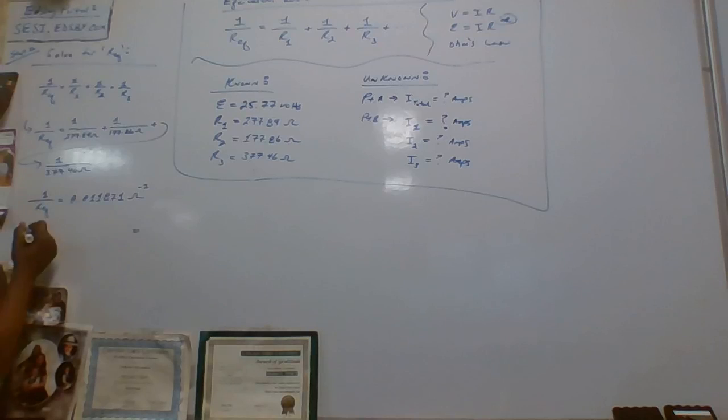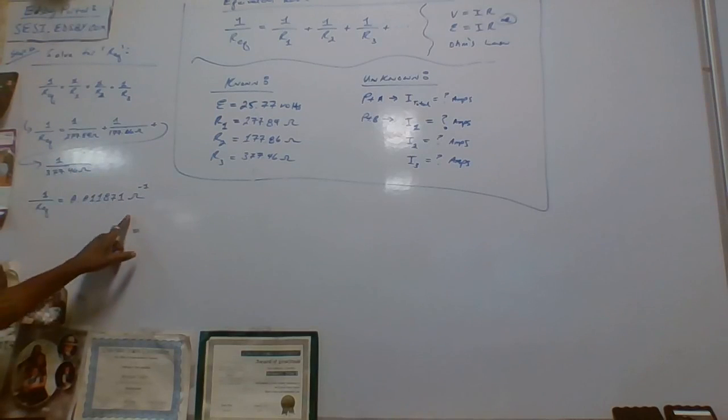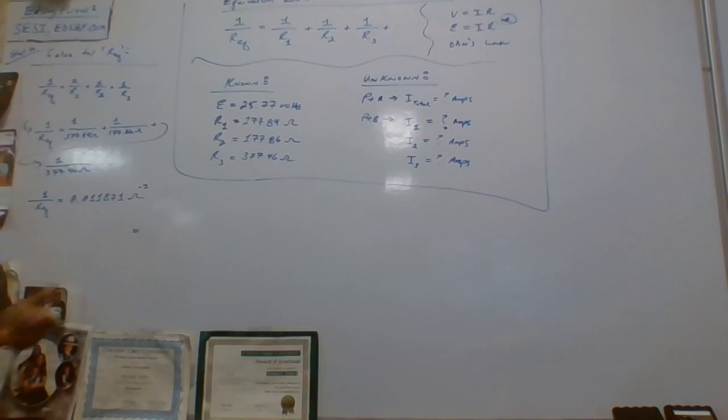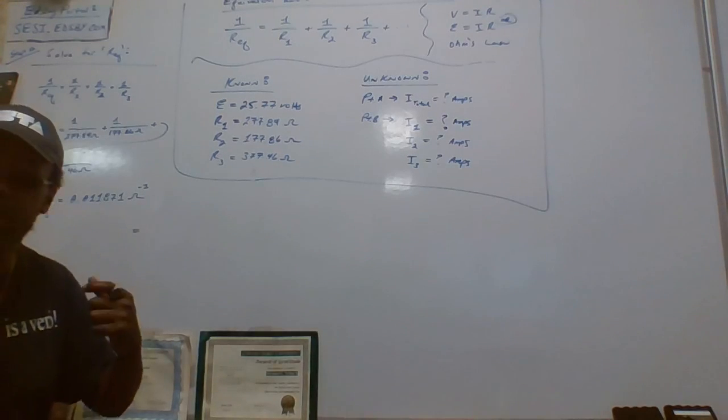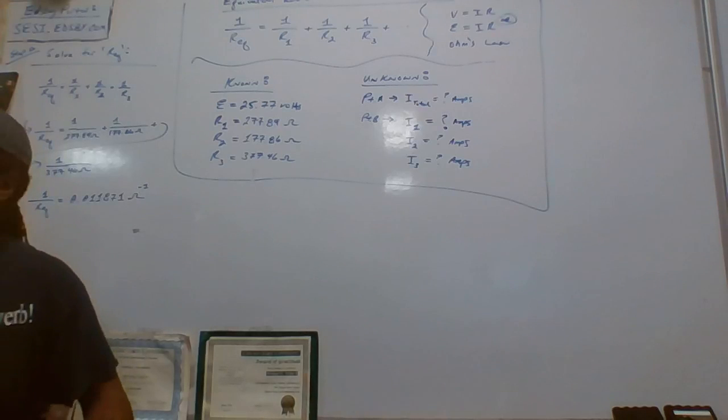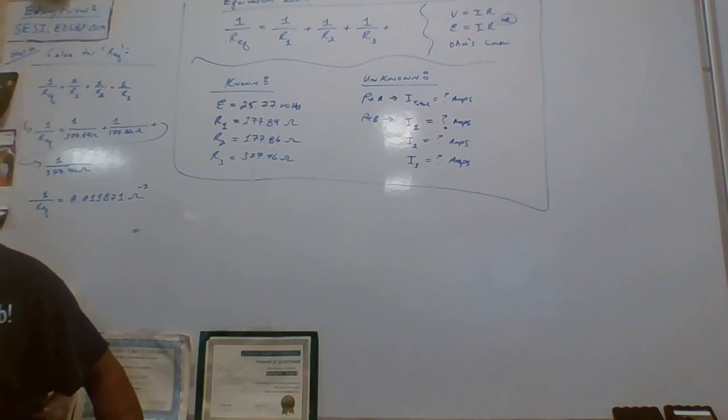All right. So how do I change this? Well, it's real simple. Don't pay attention because you're going to do this on your own. When you do it like this, as I put all these fractions together, you've got to do what's called raise it to the -1 power. And it'll flip this 1 over REQ to just REQ. I hope that's important to you and remember, because in SAT, ACT, them tests really do that to you.